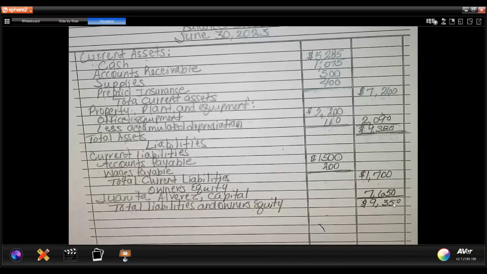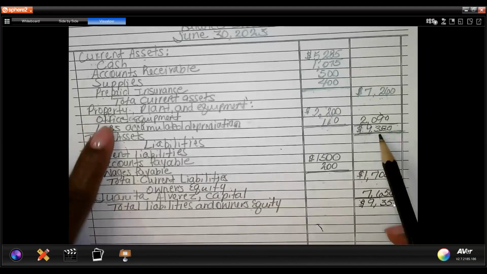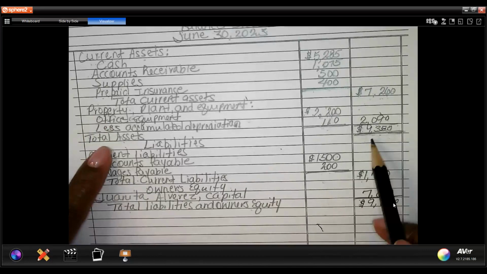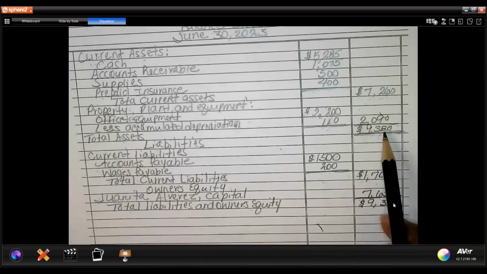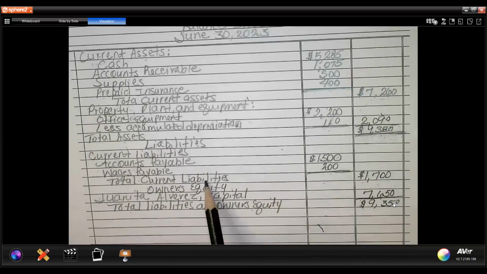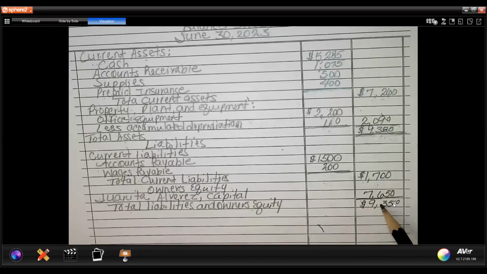As you can see here, we have our total assets, current as well as long-term. Those assets total $9,350. Our liabilities as well as our capital also total $9,350. So as you can see, we are in balance on our balance sheet.